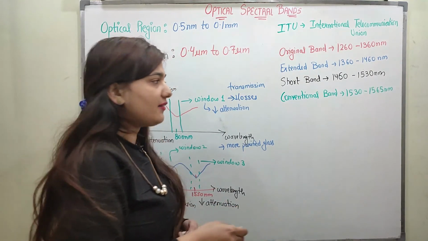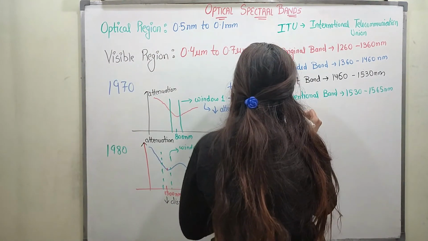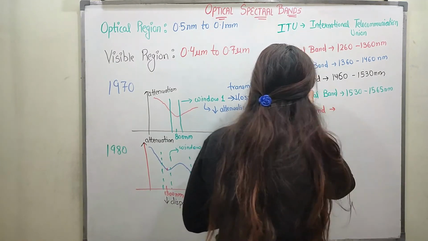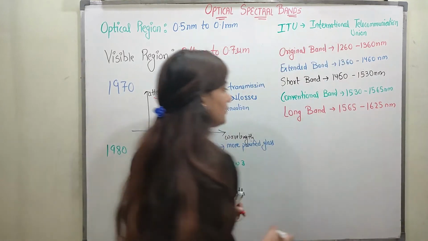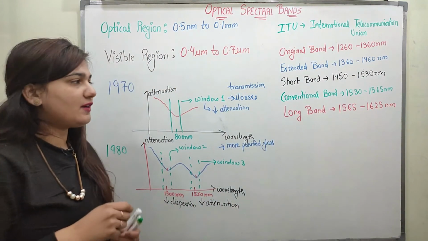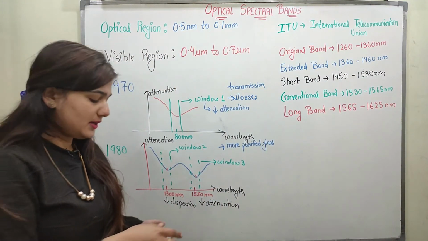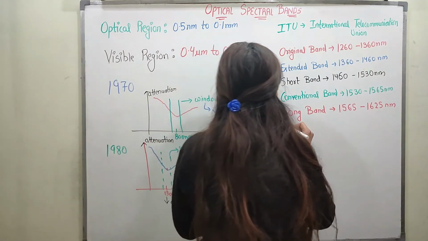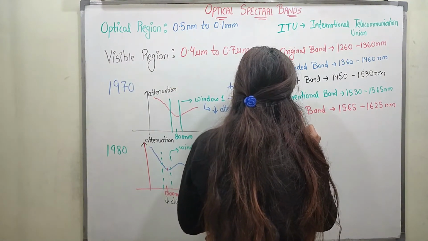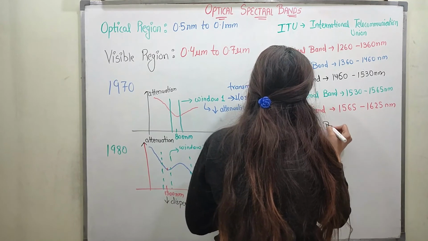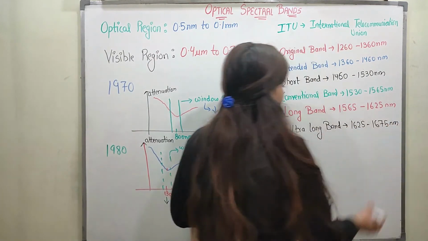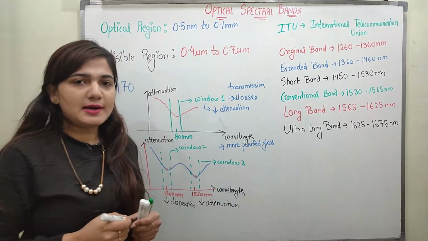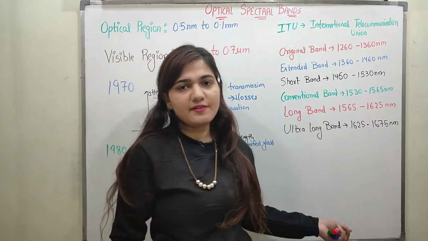After that we have the long band, ranging from 1565 to 1625 nanometer. And at last we have the ultra long band, ranging from 1625 to 1675 nanometer.